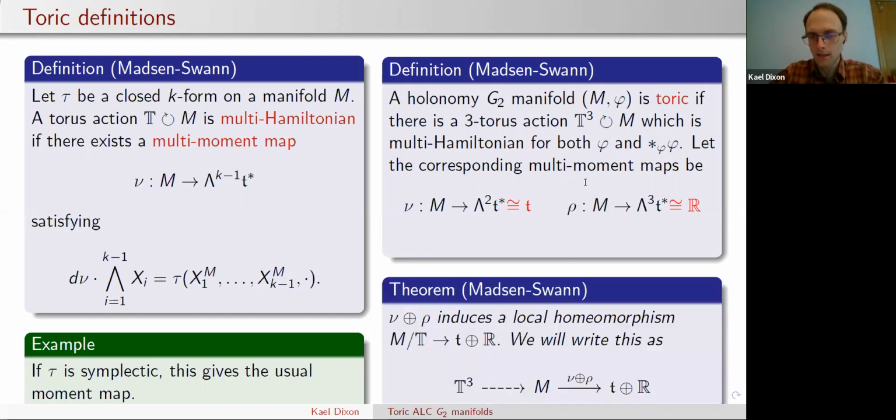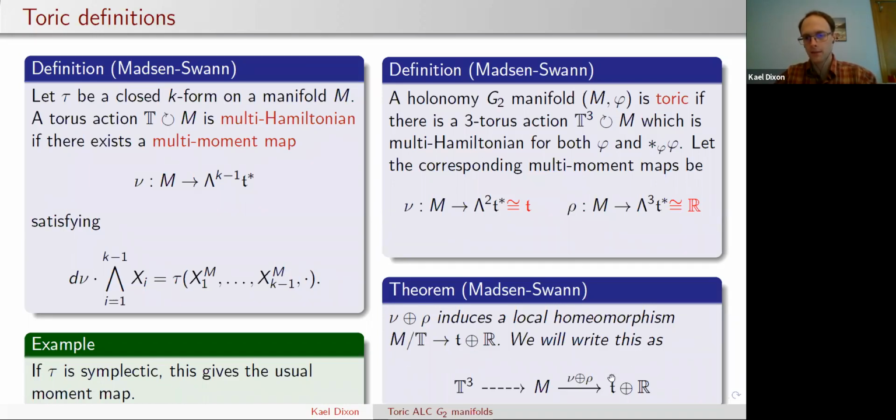So add those all up and you get 7. That's a good thing, because you actually get a local homeomorphism of the quotient space into the image space when you add together these multi-moment maps. So this is the same picture that you get from the symplectic picture, and it allows you to really think of the multi-moment map image as the space of orbits, just represented in a nice way.